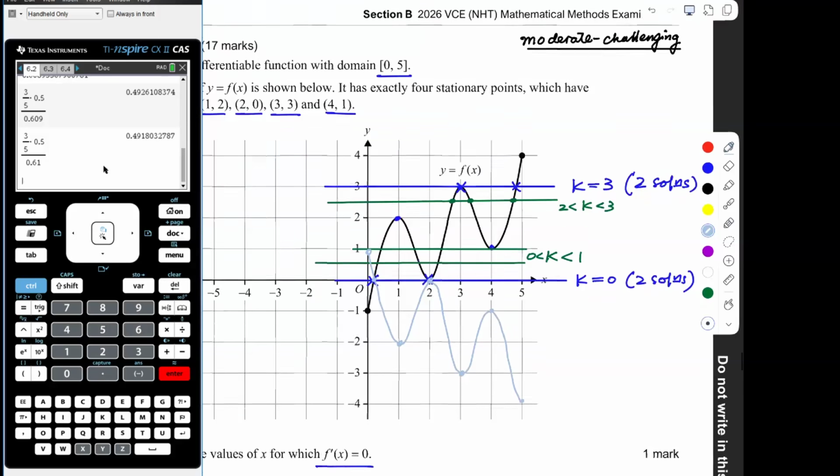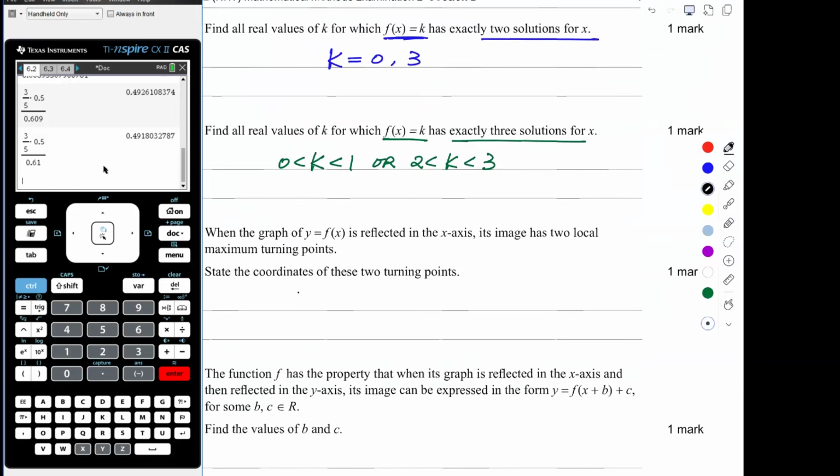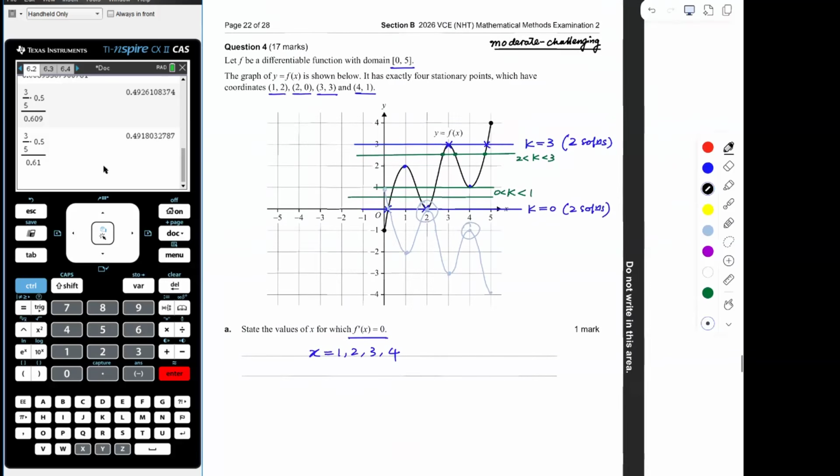The local maxima will be here and here. So that's (2, 0) and (4, -1). Let me double check. Yep, (2, 0), (4, -1).